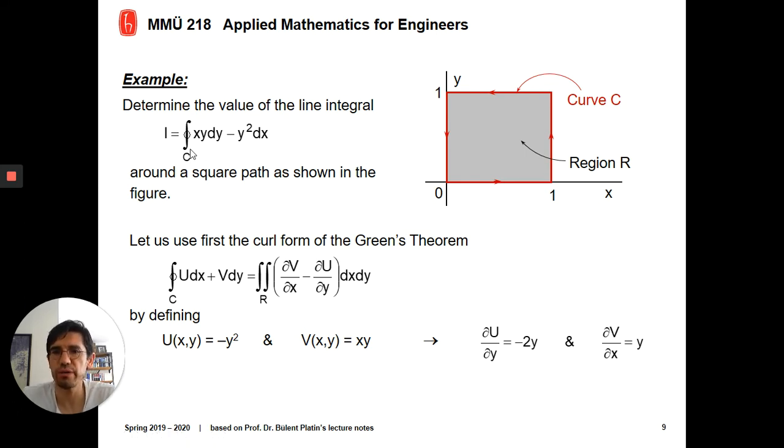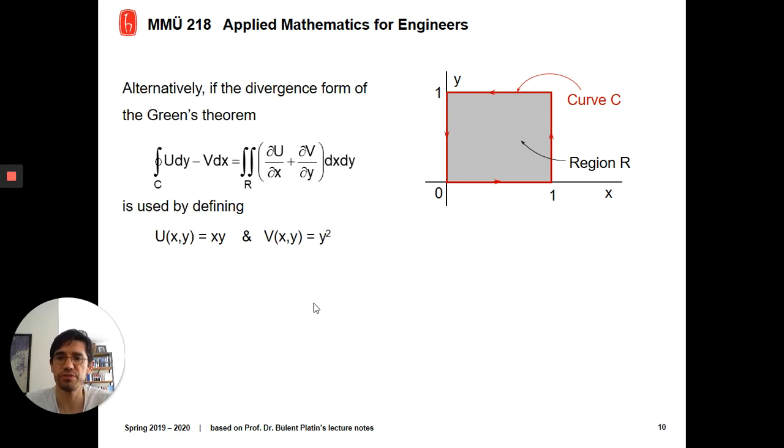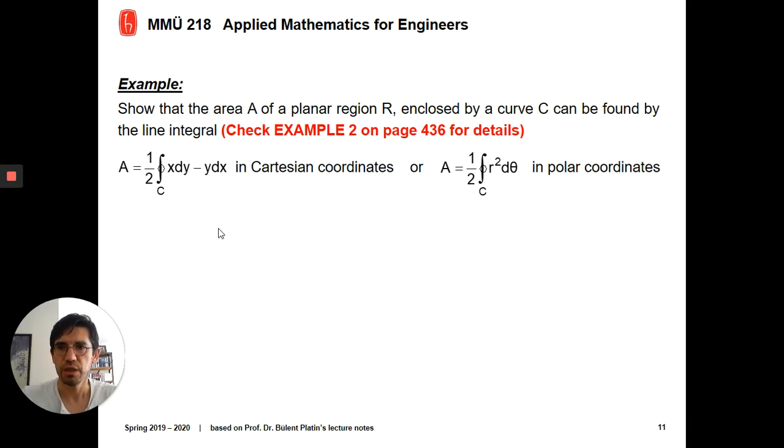That's not always the easy thing, and that's when the corresponding curl or divergence form is handy, because taking a double integral over an area is sometimes easier compared to taking a line integral over a tedious curve equation.